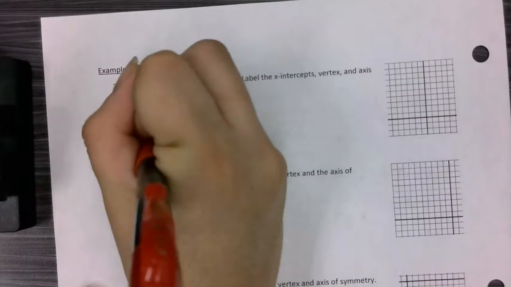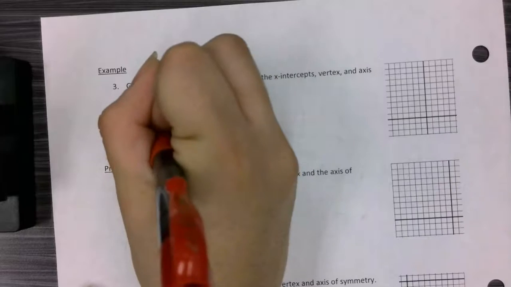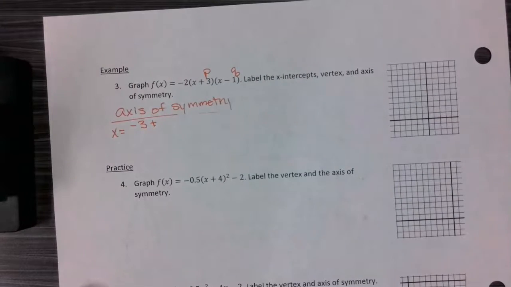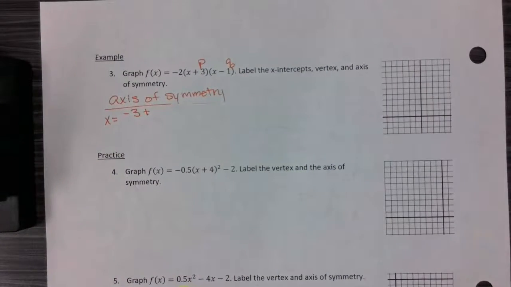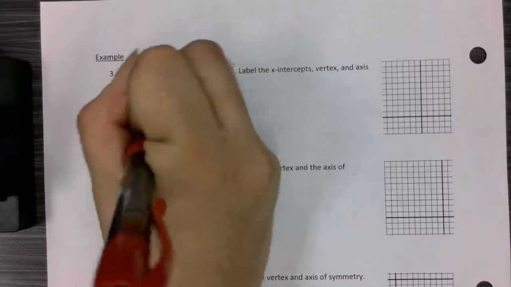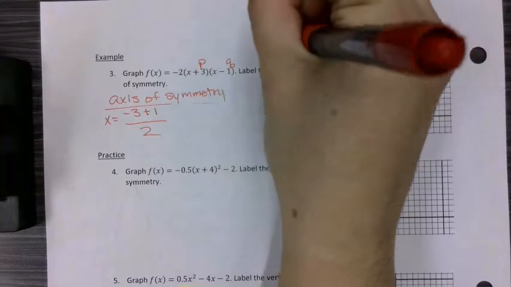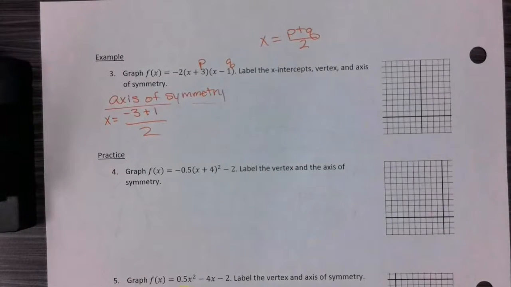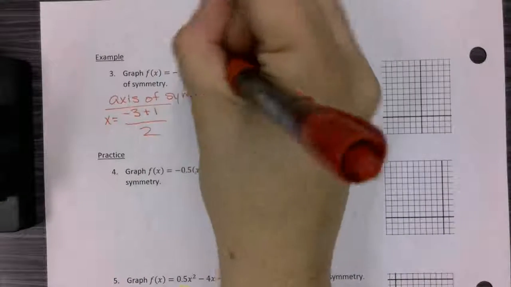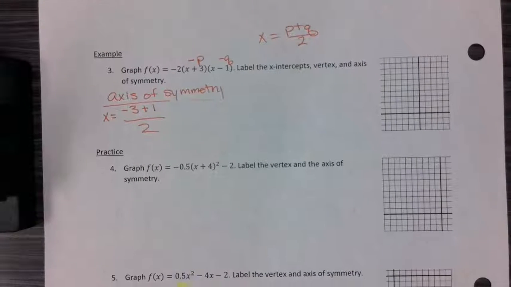So instead of being a positive 3, I'm going to plug in a negative 3. And instead of a negative, the formula had a plus or minus. It has a plus. Instead of plugging in negative 1, I'm going to plug in positive 1, because it's opposite the sign.